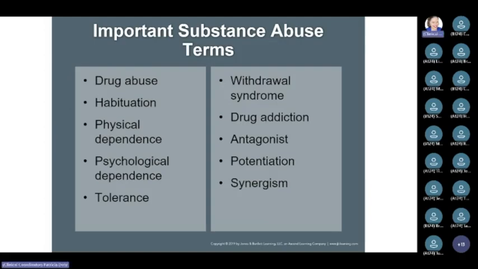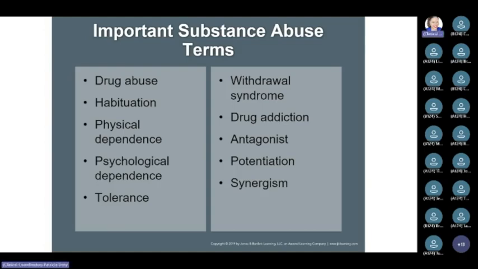Now, important substance abuse terms. Okay, and I can read through these. Same with California. Drug abuse, obviously, if it causes harm because of the effects on the drug user's behavior, right? Habituation, that's dependence on this drug. Physical dependence is a physiological state of dependence on the drug.